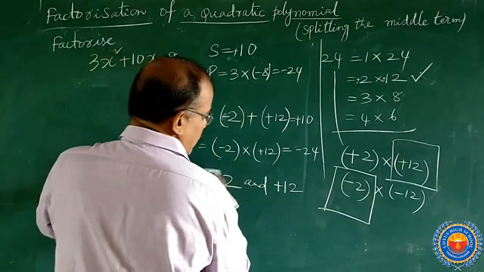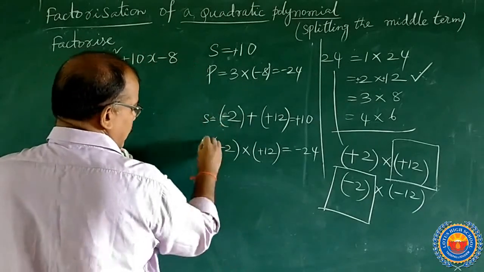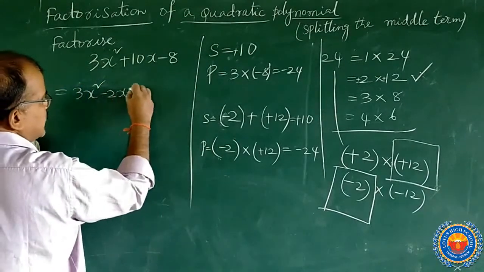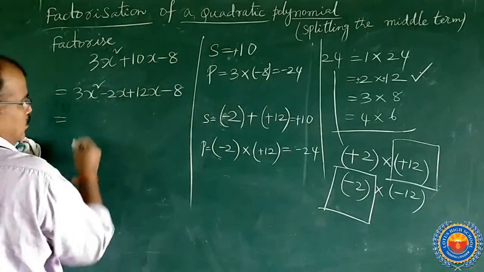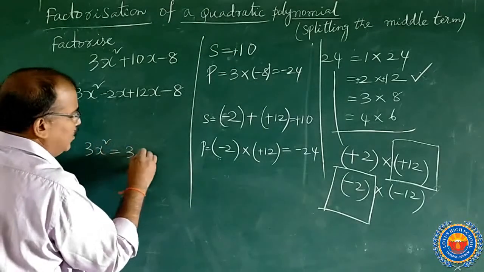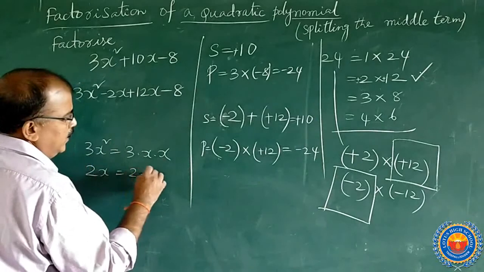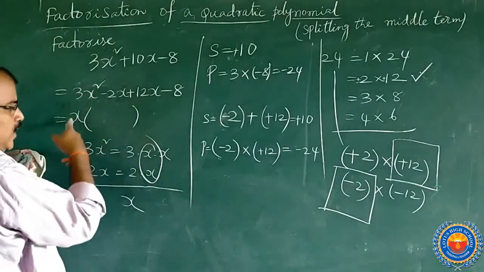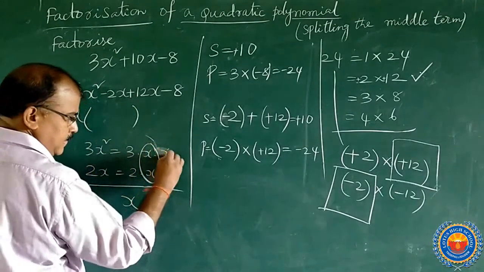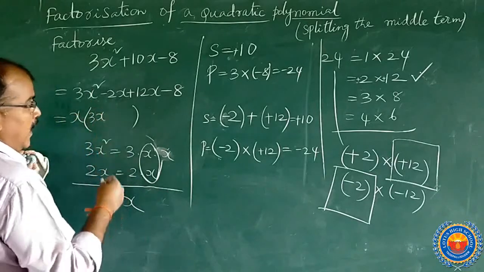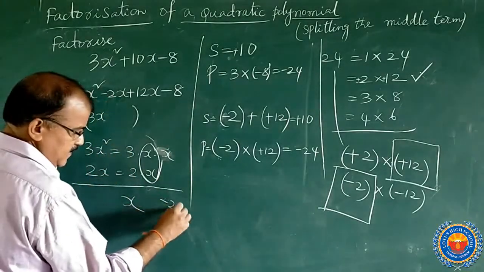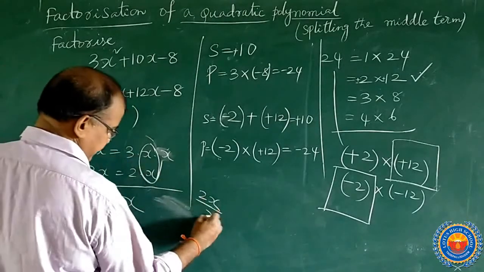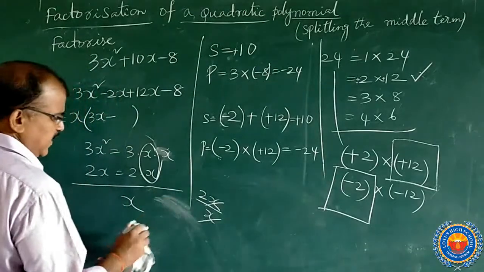So 3x square, split the middle term: minus 2x plus 12x minus 8 is equal to, factorization: 3x square is 3 into x into x. 2x is nothing but 2 into x, x is a common factor, x in brackets. 3x square by x is 3x, and minus 2x, 2x by x is equal to 2.